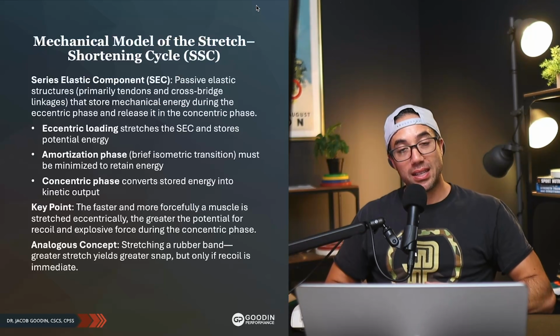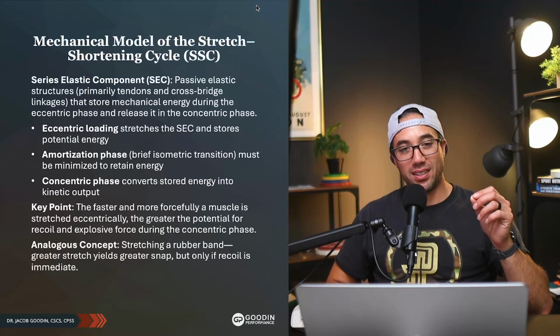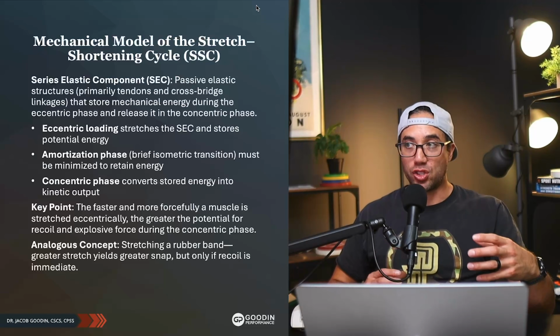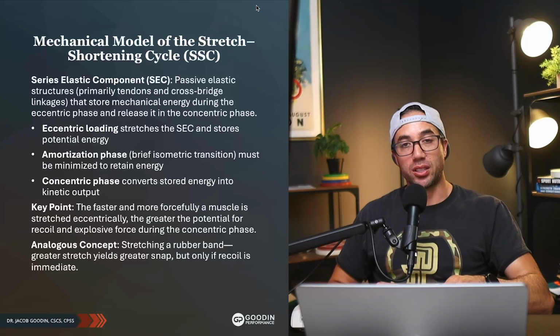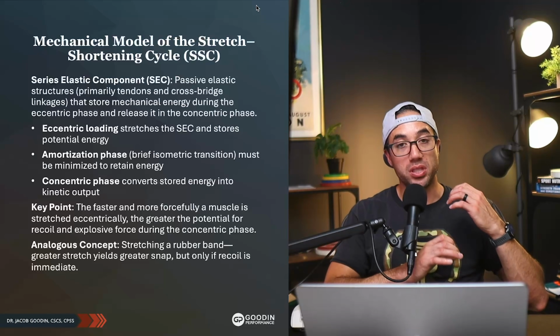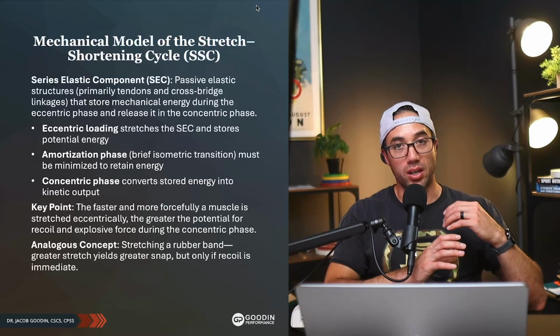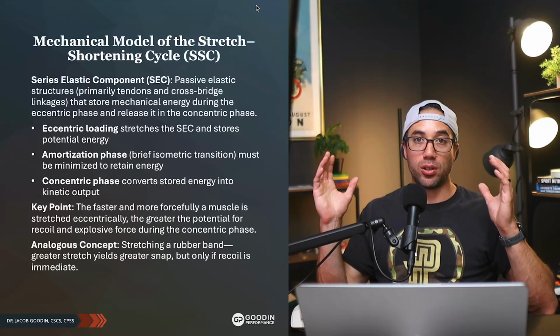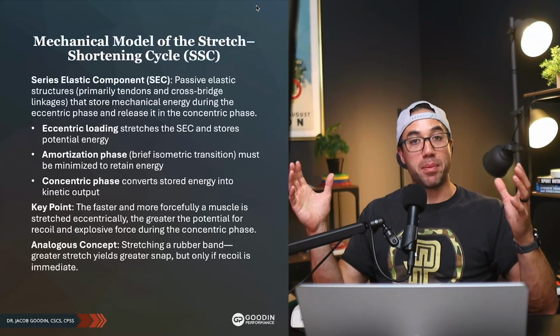So the series elastic component, as I said, is the tendon and the musculotendinous junction. The parallel elastic component includes even the muscle membranes themselves, as well as the endo-, peri-, and epimysium.